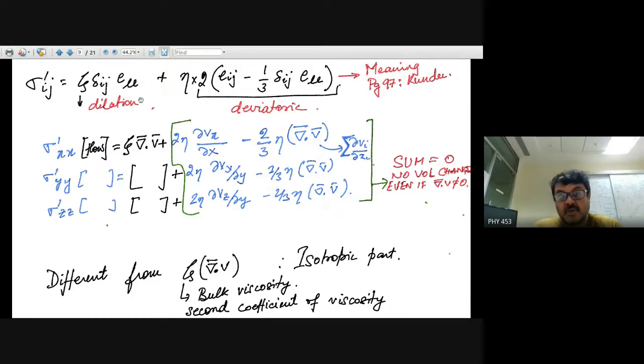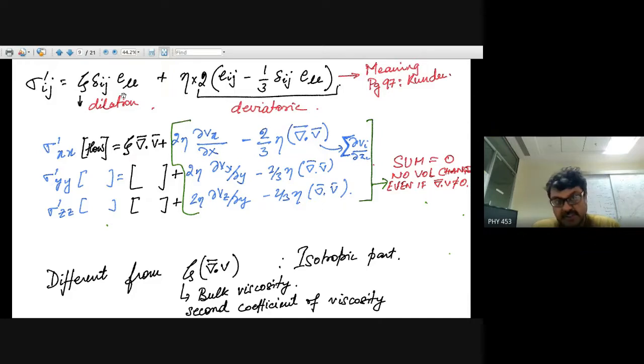So divergence v equal to del rho del t. So only if there are very rapid changes in density over length scales which is the distance between the molecules does this term contribute. In most fluid flow situations that we handle in daily life, this has very little contribution.